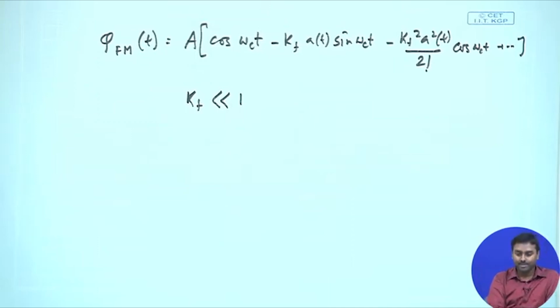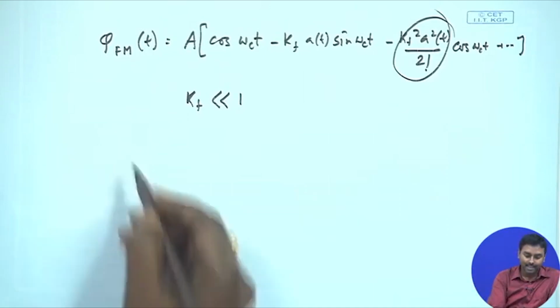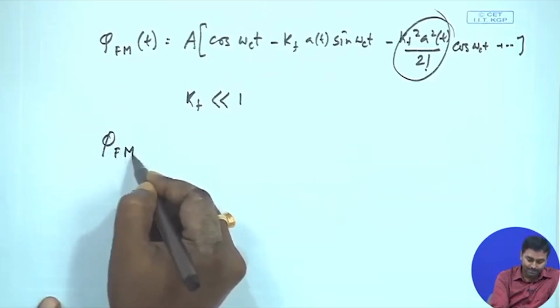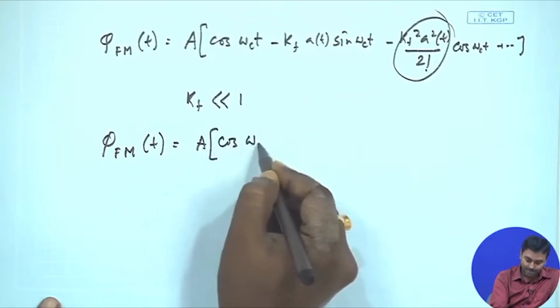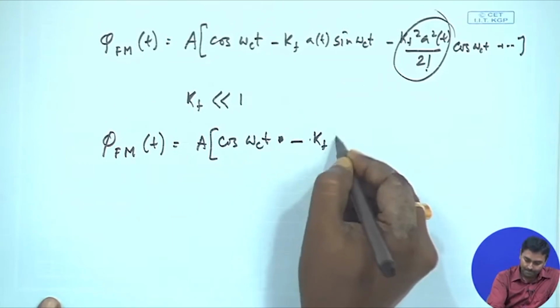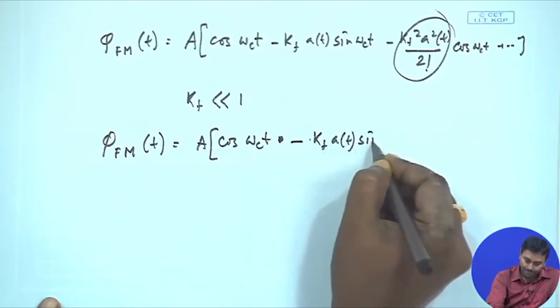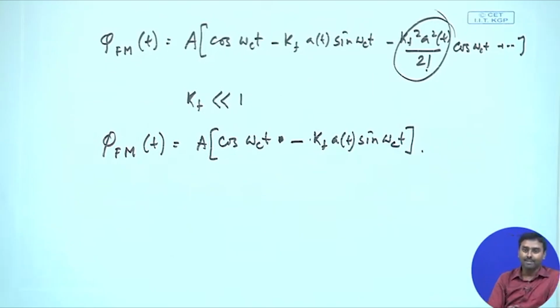Immediately all these higher terms, square, cube, up to infinity, go away, and the phi FM becomes this. Which is almost like AM.